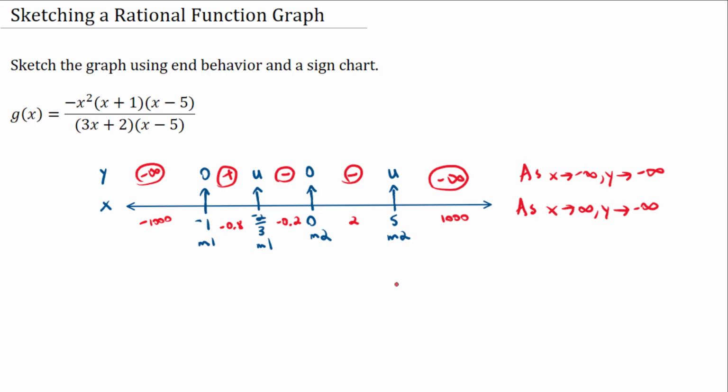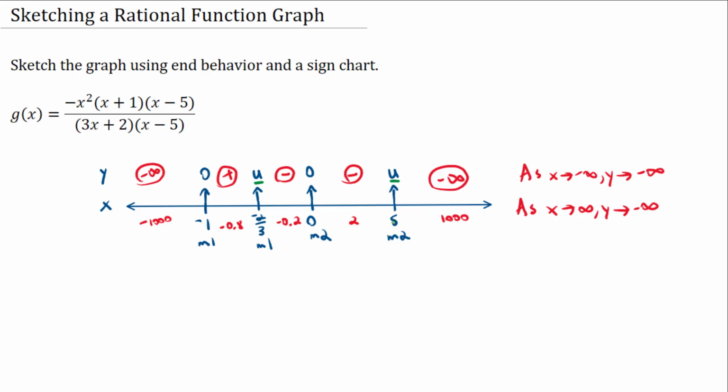Okay, now what we need to do is investigate more thoroughly what happens whenever our output is undefined. So I need to look at both sides of negative 2/3 and see what happens to y, and both sides of 5 to see what happens to y. Let's do 5 first, since it's easier, it's not a fraction.